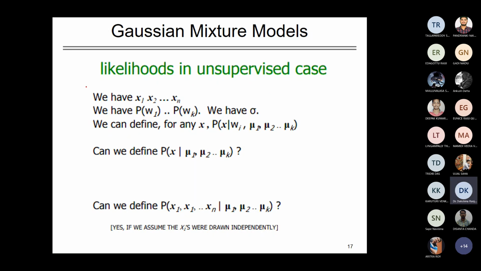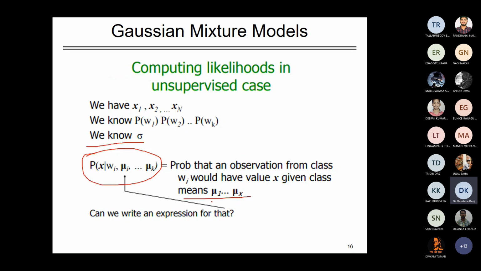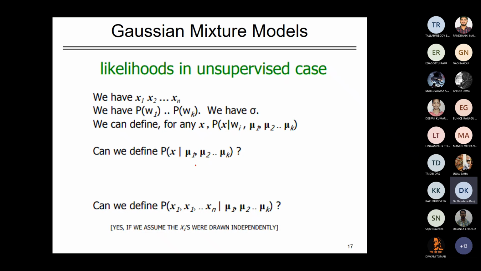So similar considerations we can have, and then we define this probability of x given mu1. For a particular mean, if we consider it, then probability of x given mu1, probability of x given mu2.